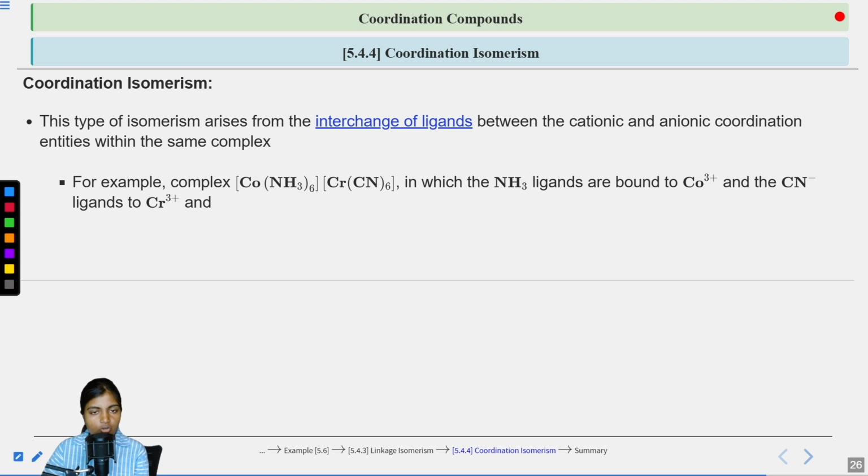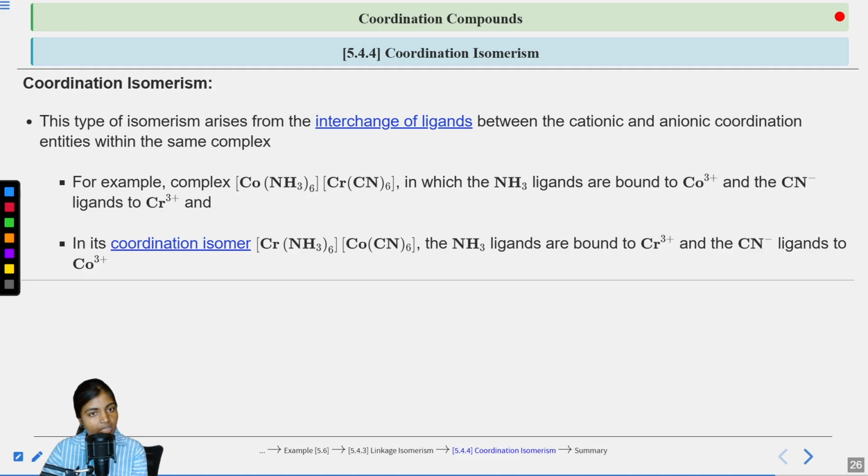With the cobalt, ammonia is bonding, and with the chromium, cyanide is bonding. Now, how can it show coordination isomerism? We can write its isomer in this form, where chromium is bonding with the ammonia and cobalt is bonding with the cyanide. So here the ammonia ligands are bound to chromium 3 positive, and the cyanide ligands are bound to cobalt 3 positive. This is the interchange of ligands.